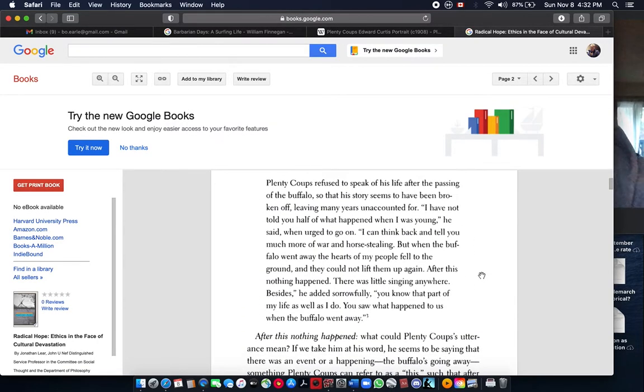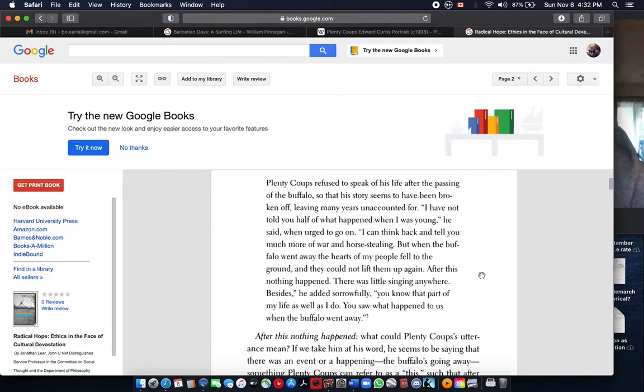Plenty Coups refused to speak of his life after the passing of the buffalo, so that his story seems to have been broken off, leaving many years unaccounted for. "I've not told you half of what happened when I was young," he said, when urged to go on.